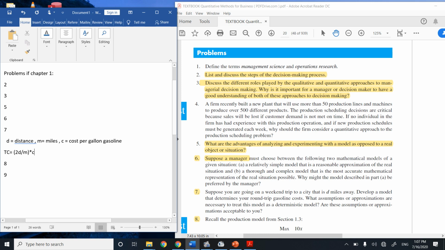Why 2 here? Because it's a round trip, going and coming back. So this is the model. This is how we can estimate our cost of using gasoline.